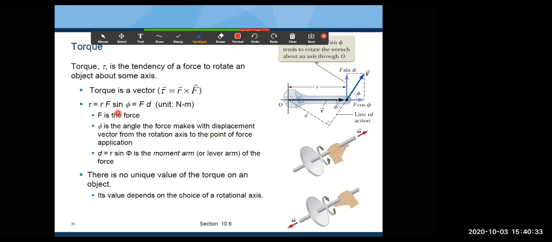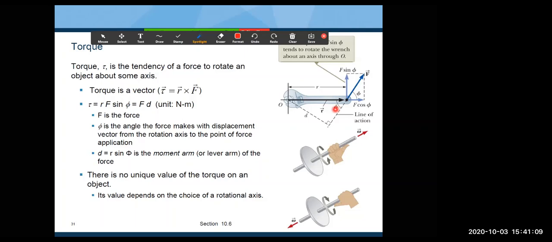And you could actually group the r sine phi together. So r sine phi, as you will see, is equal to d, the perpendicular distance between the force vector and the axis of rotation. At the same time, you could also consider the grouping of the force F and sine phi, which means the component of the force perpendicular to the r vector.